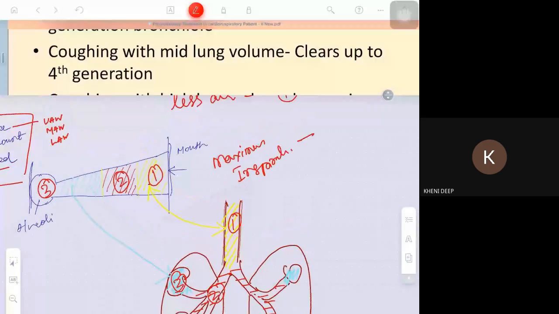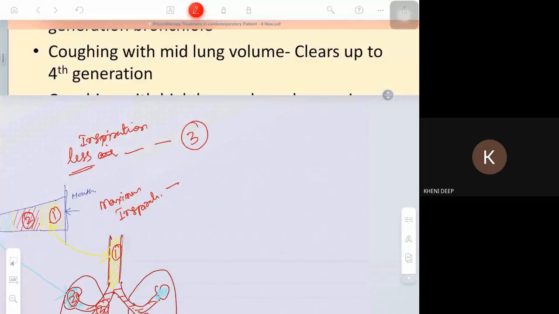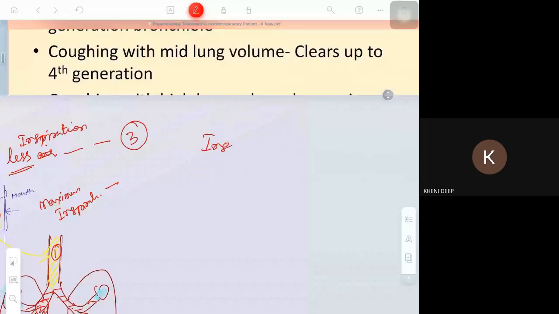If you take less inspiration before cough, that is during the first phase, it will clear airway 3, that is smaller airway.